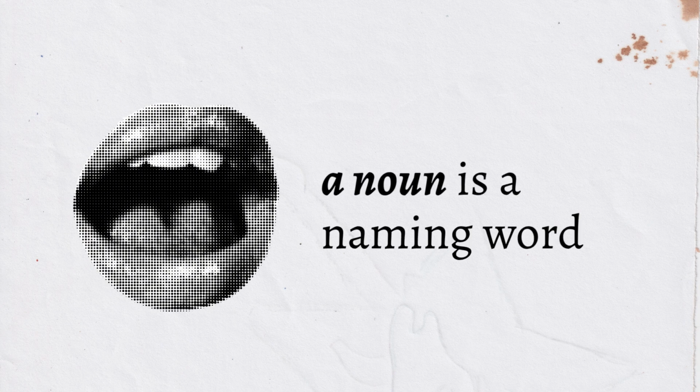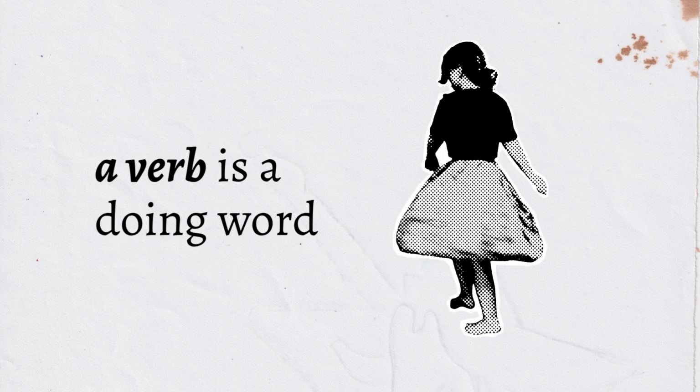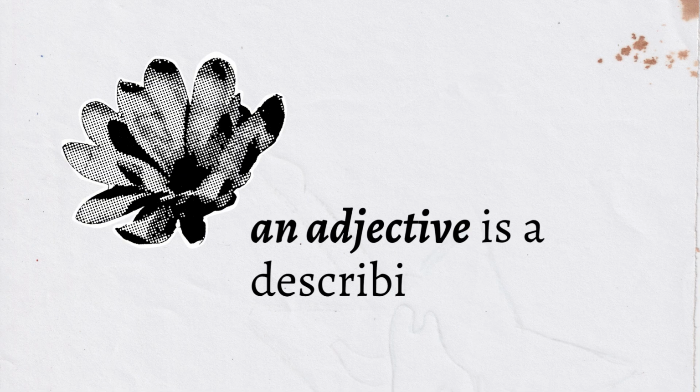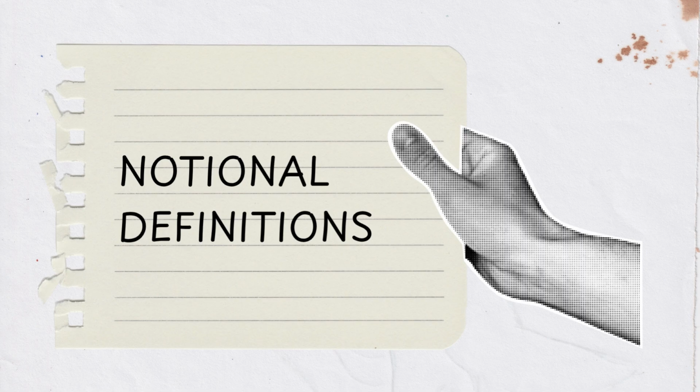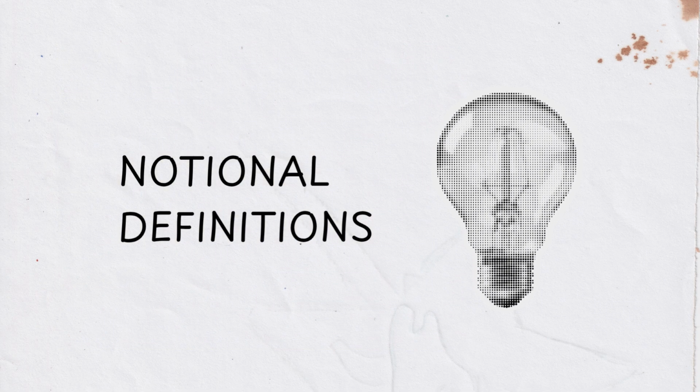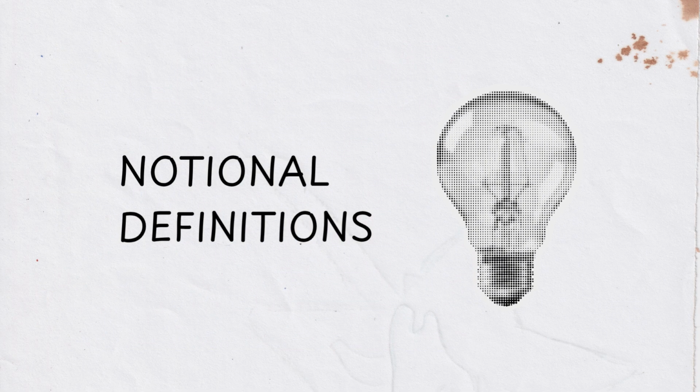If you've studied English grammar before, you might be familiar with definitions such as a noun is a naming word, or a verb is a doing word, and an adjective is a describing word. These definitions are called notional definitions because they're based on simple ideas or notions about what words mean.